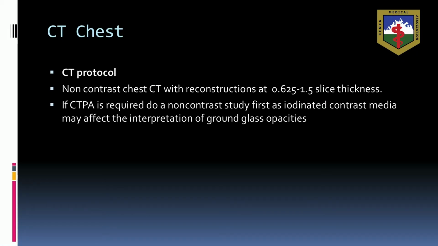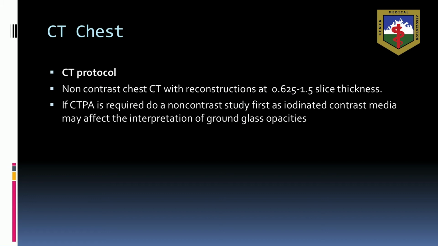Now, when we move to CT chest, of course, a CT chest is more sensitive than the X-ray, but the way the CT chest is done is also important. So in CT chest, you use a specific protocol.